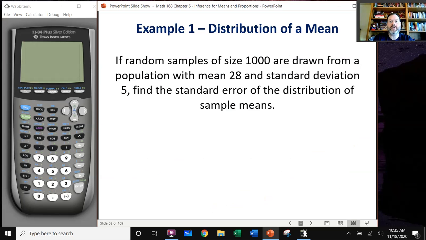If random samples of size 1,000 are drawn from a population with mean 28 and standard deviation 5, find the standard error of the distribution of sample means. So the idea here is that we know the mean and the standard deviation. If we take large enough samples, then we can use the central limit theorem.